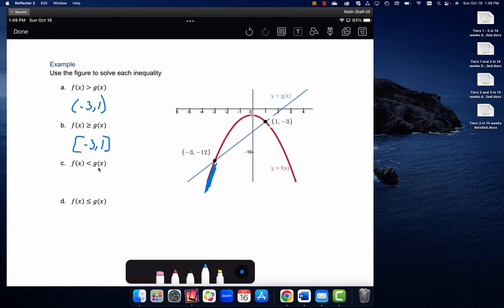Here, the quadratic is below the line, and here, the quadratic is below the line. So just list those two intervals. The interval on the left is negative infinity up to negative 3. And on the right, we're starting at 1 and going to infinity.